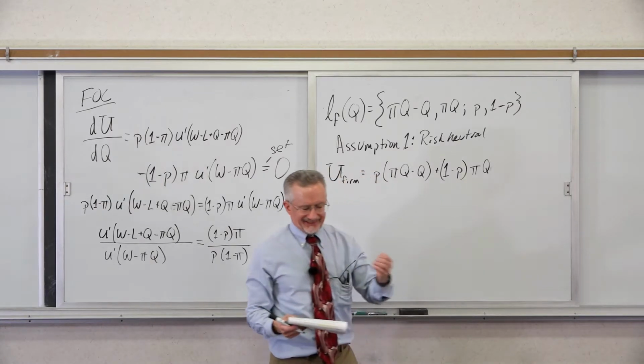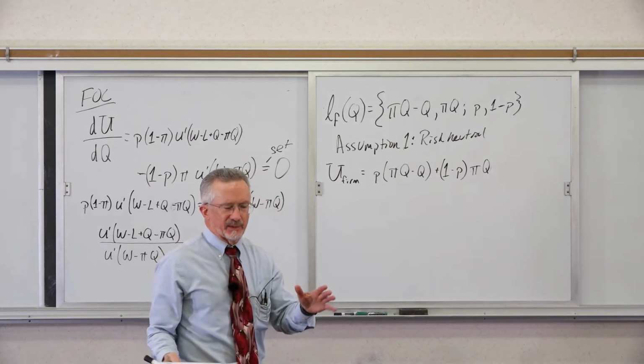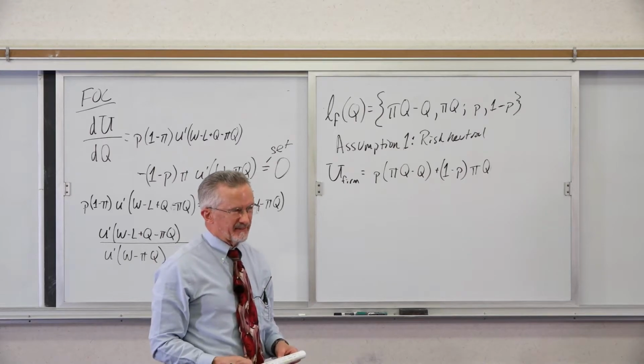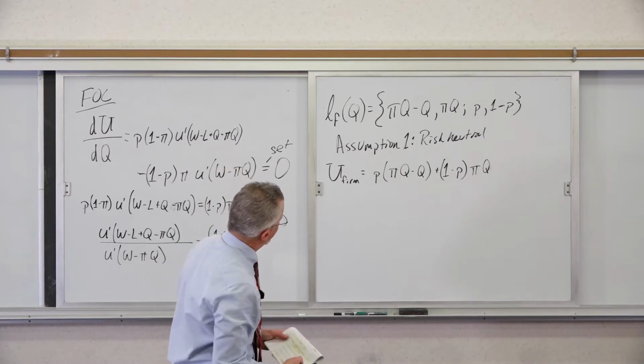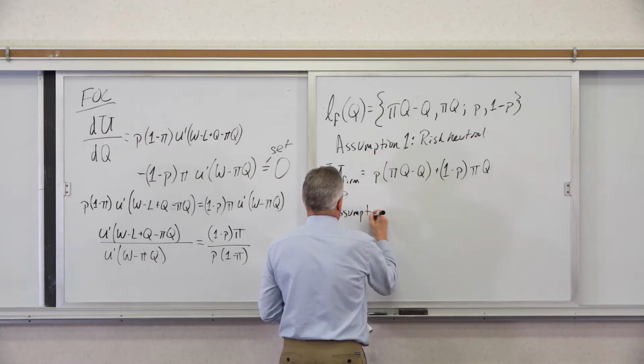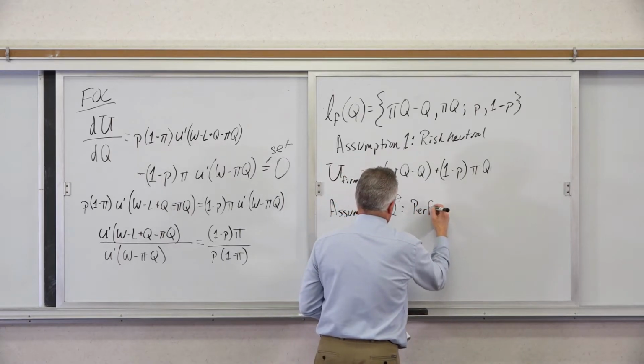All right, great. The second thing we're going to assume, and this is a really important one if you get into a PhD program, is that this is a competitive market. A competitive market, well, let's write that down. What does that mean? Assumption 2 is perfect competition.